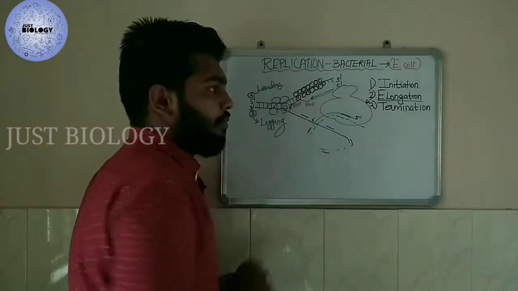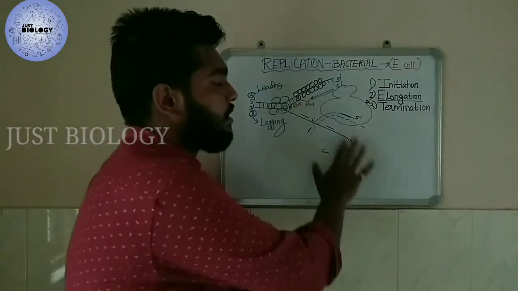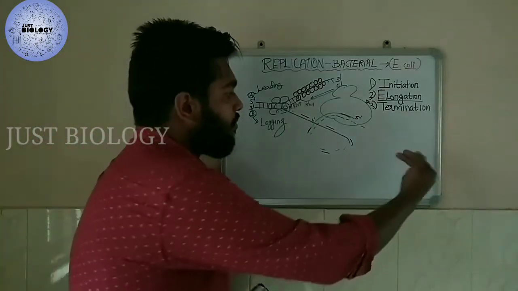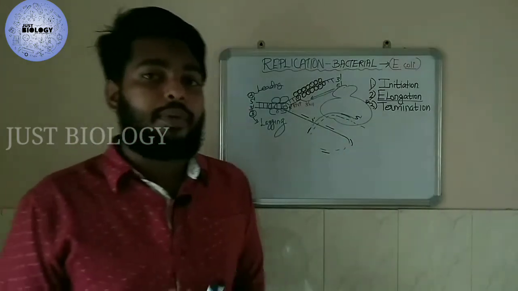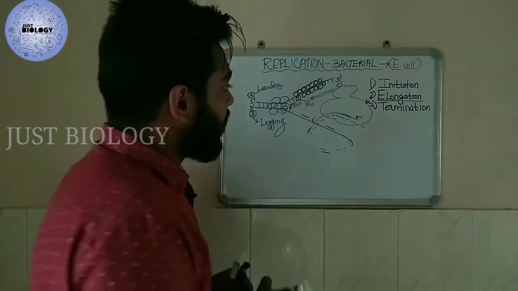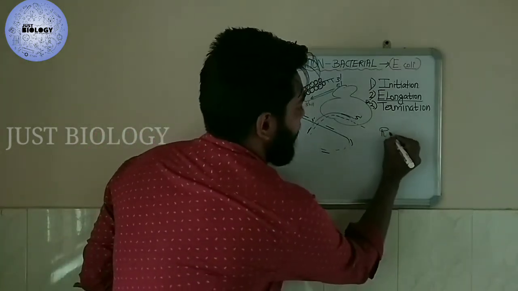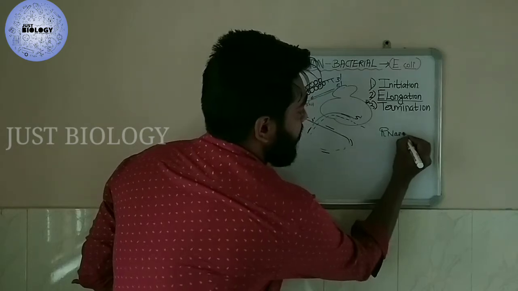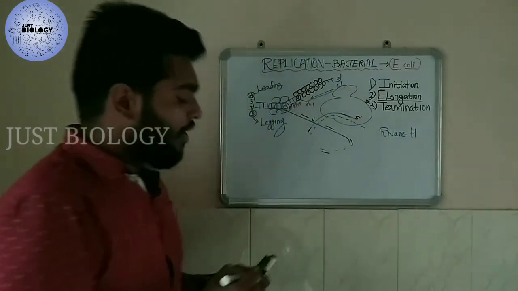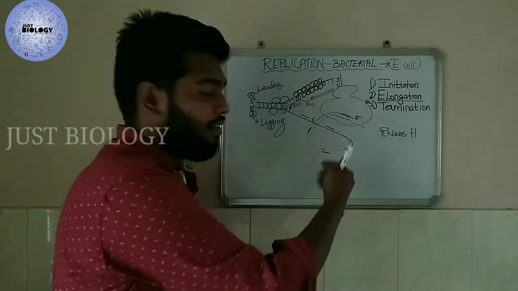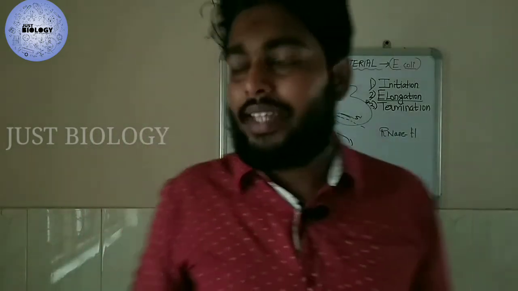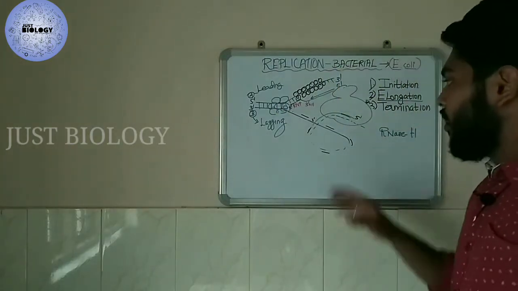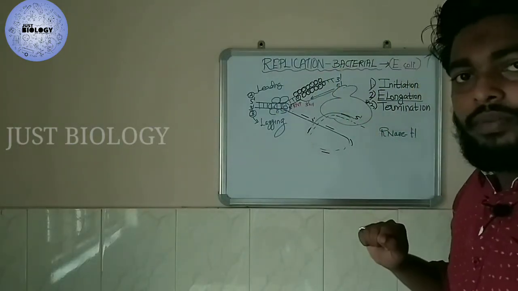Then who will remove this primer? This is obviously RNA, so we need some protein which degrades or removes the RNA primer. One such protein we can call RNase H. This RNase H will remove this primer, and instead of this RNA primer, we need to add nucleotides.